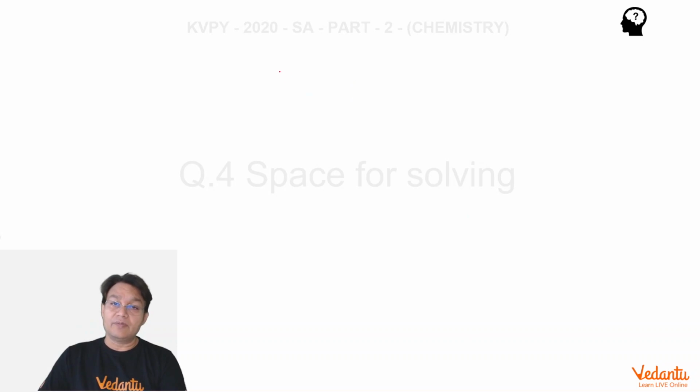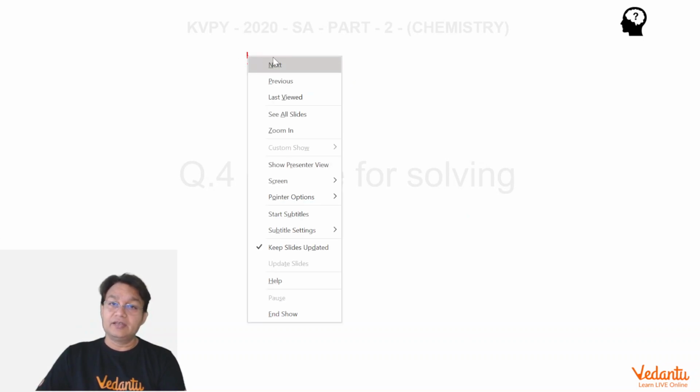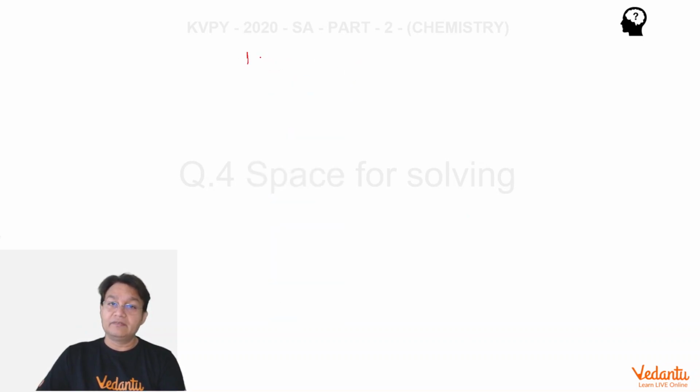So take the n factor equal to 2 and convert this normality into molarity and then get your answer. Normality is equal to 1.79. So 1.79 divided by 2 is equal to molarity, and hence the volume strength is equal to 1.79 upon 2 into 11.2.